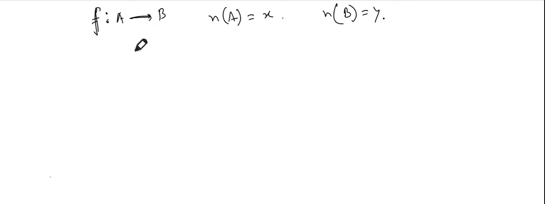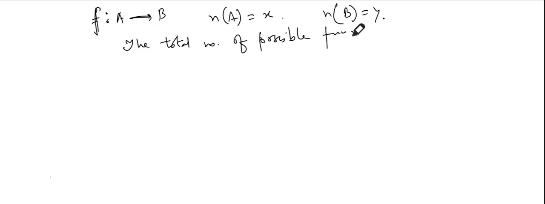Then the total number of possible functions from A to B is equal to y to the power x.